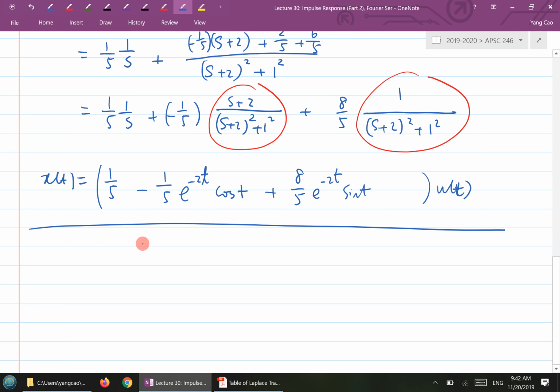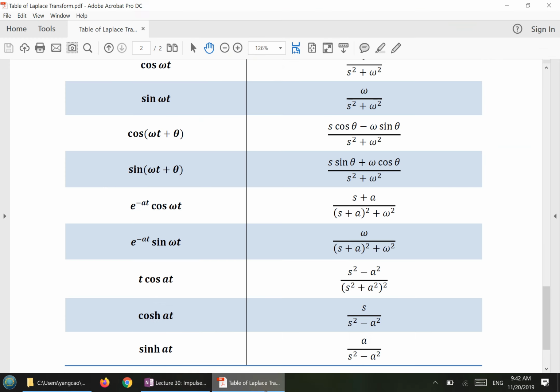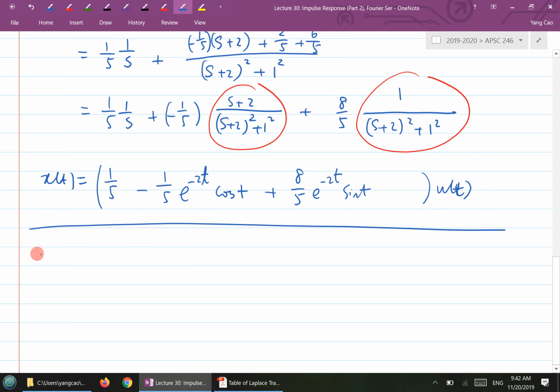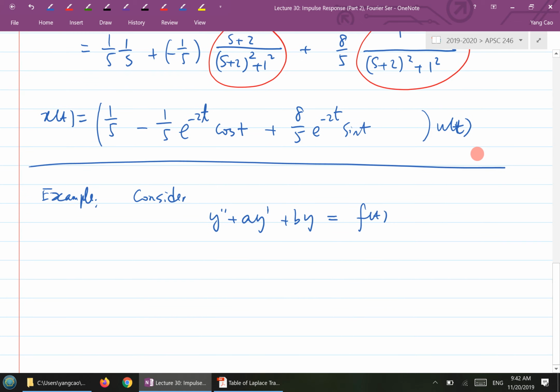So let's use a more generic equation here to look at this. Let's consider we have y double prime plus a y prime plus b y equal to f of t.